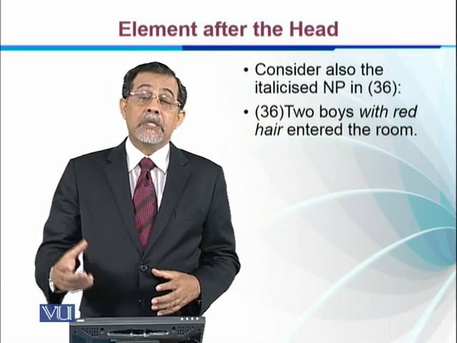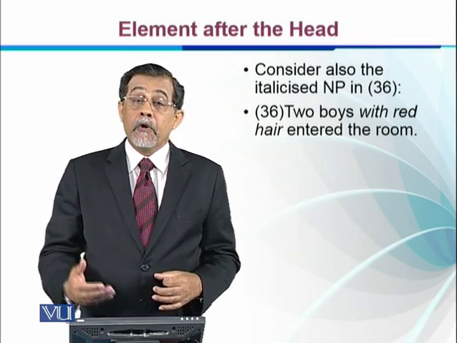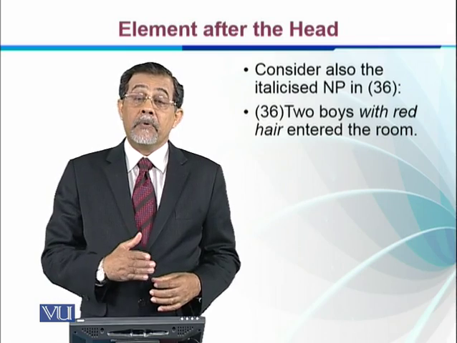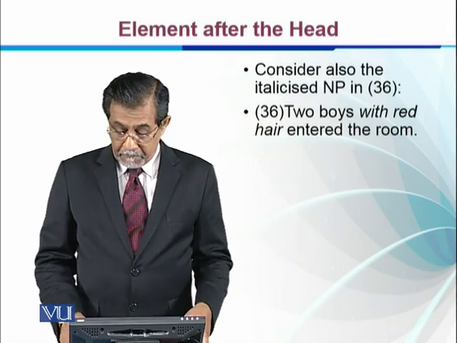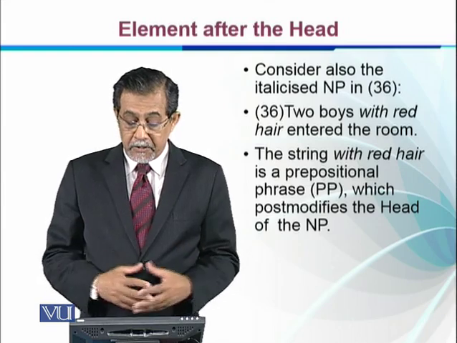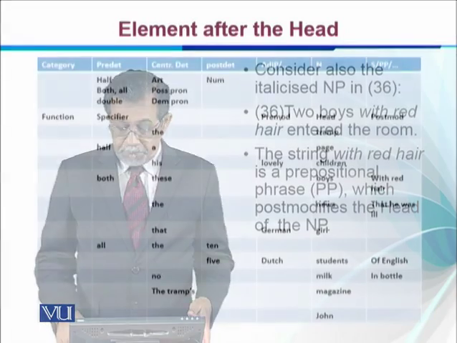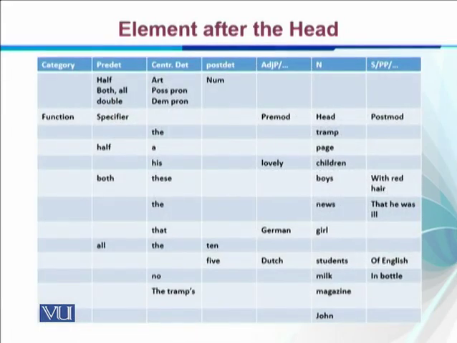So these are some variables that we can find in a noun phrase. You can see predeterminer, central determiner, post-determiner. What are the possibilities of a noun phrase? What can come before the noun as pre-modifier and what can come after the noun as post-modifier.